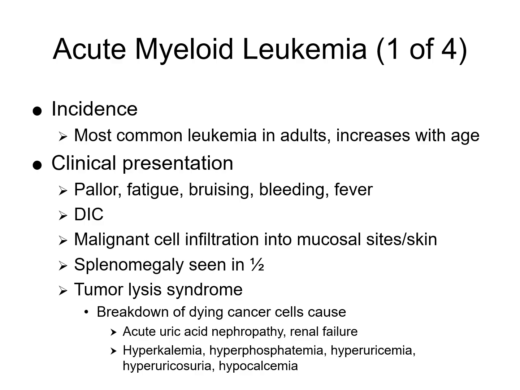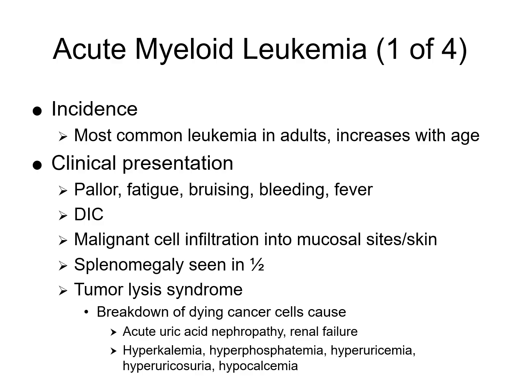They may also have tumor lysis syndrome, and this occurs due to a rapid breakdown of dying cancer cells during treatment. So tumor lysis syndrome occurs when tumor cells release their contents into the bloodstream, either spontaneously or in response to treatment or therapy.